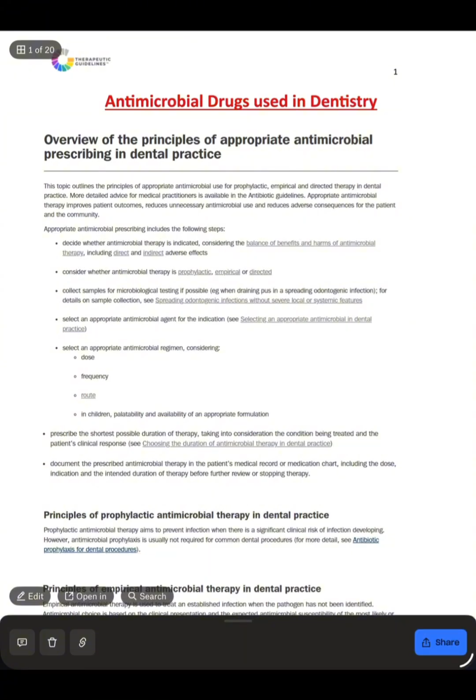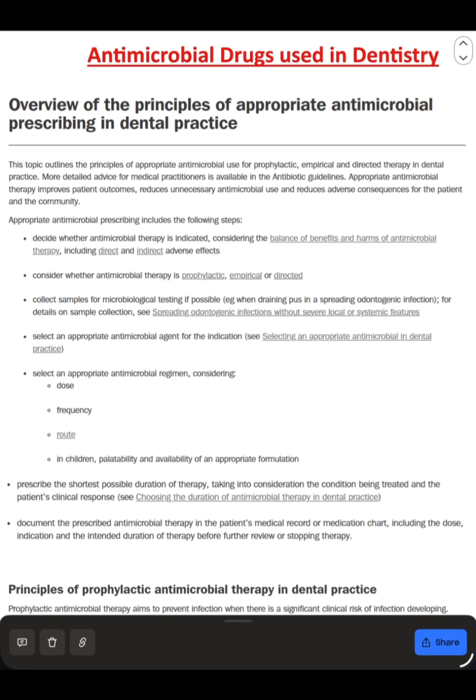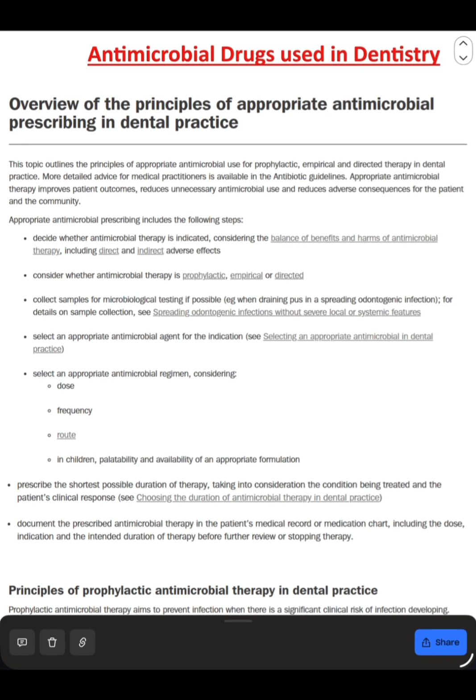All right. So, overview of the principles of appropriate antimicrobial prescribing in dental practice. This topic outlines the principles of appropriate antimicrobial use for prophylactic, empirical, and directed therapy in dental practice.